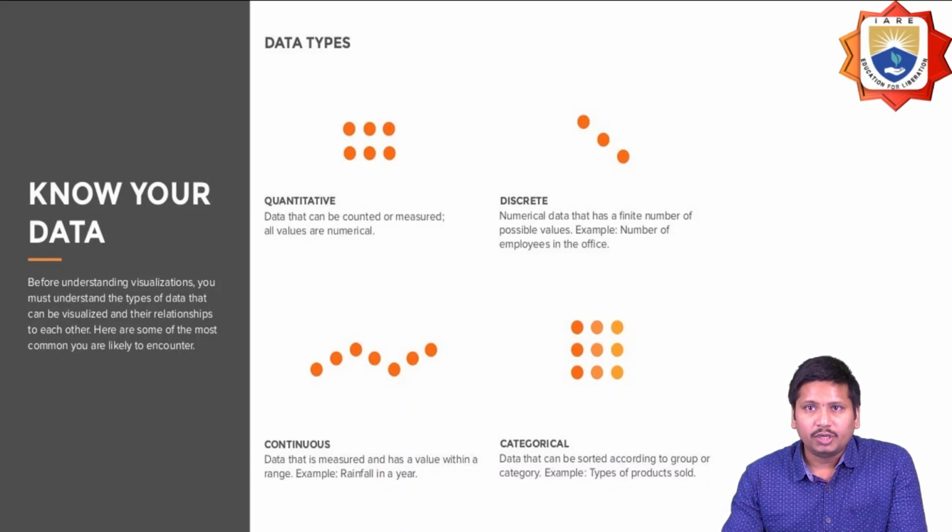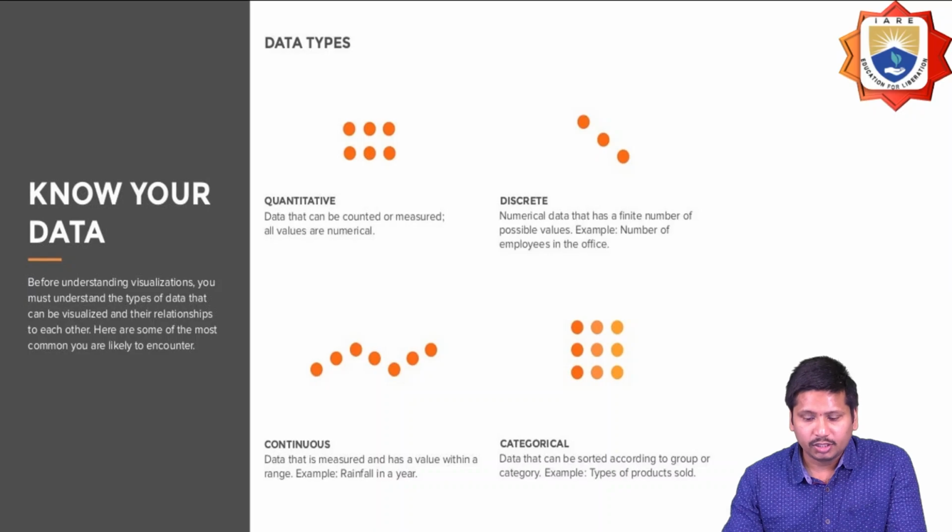Quantitative means data that can be counted or measured, and the values are in numerical form. Discrete means the data is numerical and has a finite number of possible values, for example the number of employees in an office, or the number of players in a game.